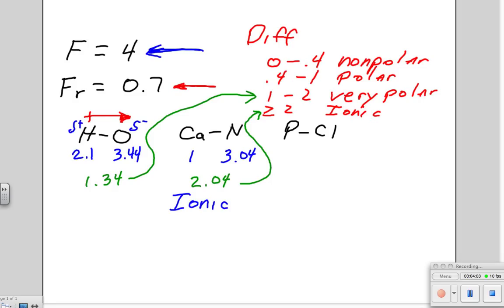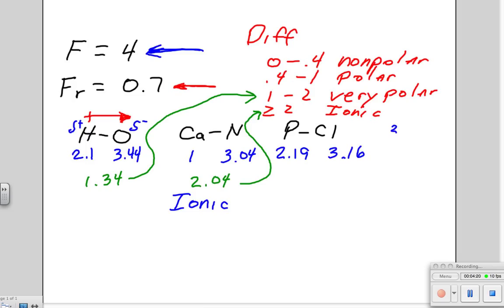All right. Now looking at phosphorus. Phosphorus has electronegativity according to the chart of 2.19. Chlorine is 3.16.